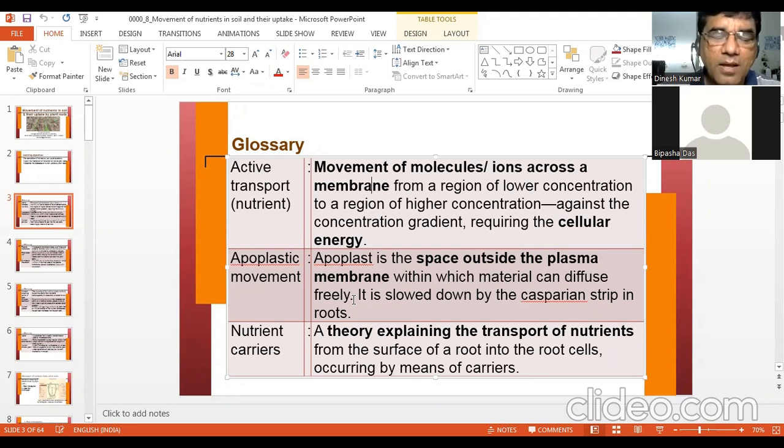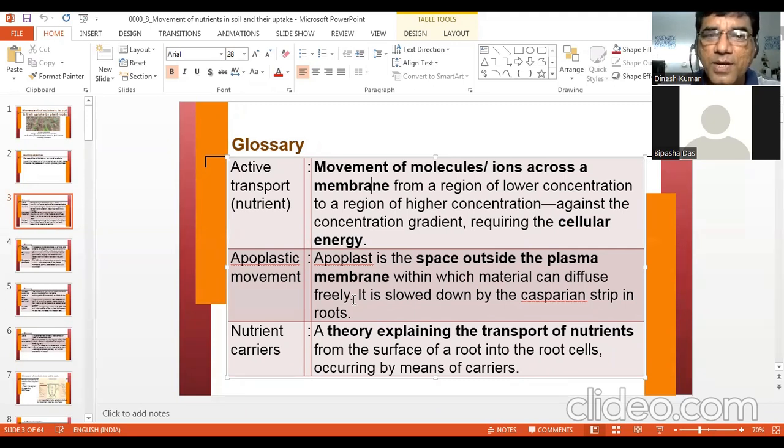These Casparian strips stop or reduce the movement of ions or material. It allows only selected materials to go in and does not allow some materials to come out. So Casparian strips play an important role in the movement of ions.